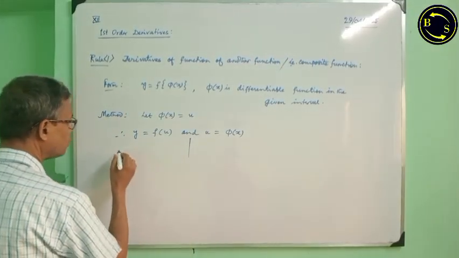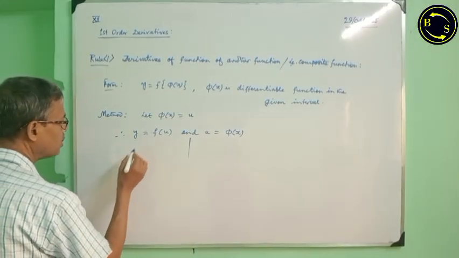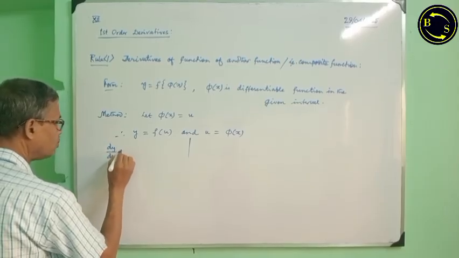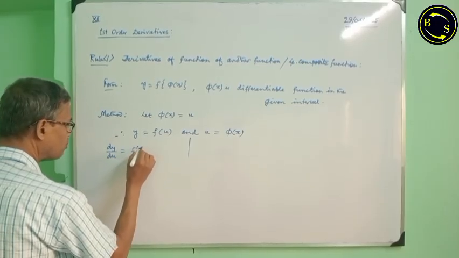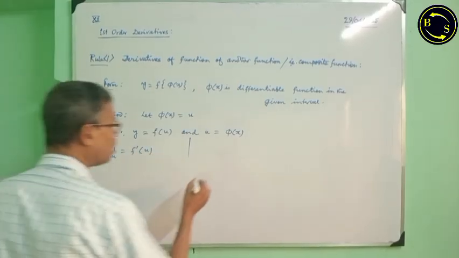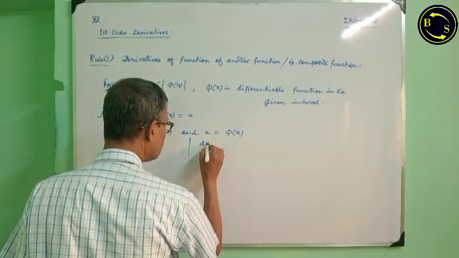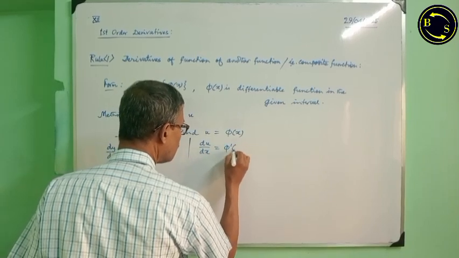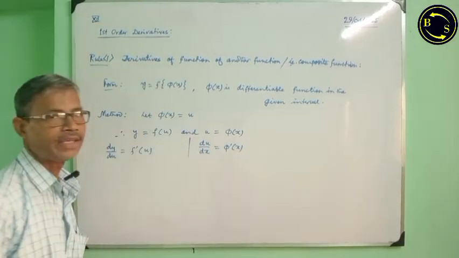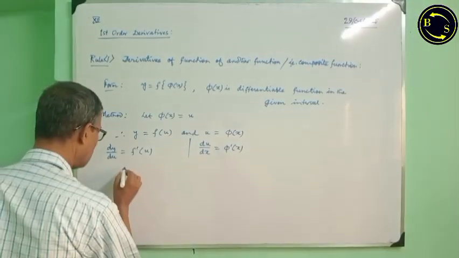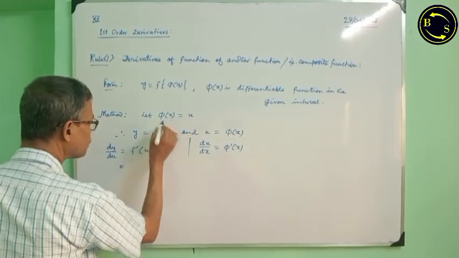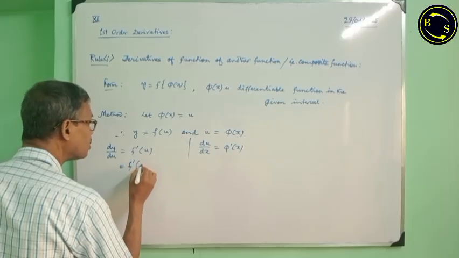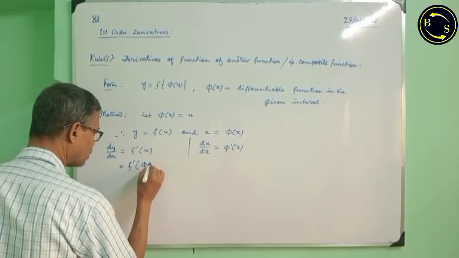I follow these steps. I can find easily dy/du, that is f dash u, and from this du/dx, phi dash x. Now this u is replaced by phi x, that is f dash phi x.